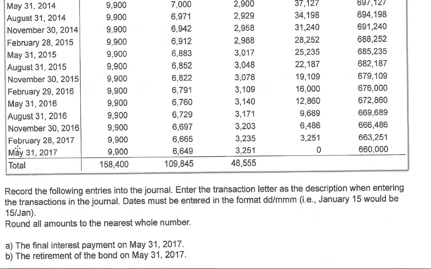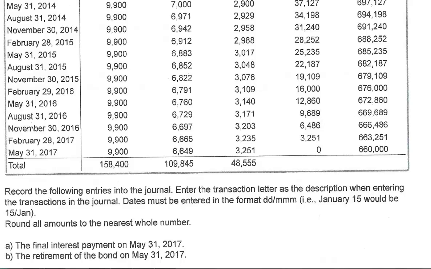So we have to accrue interest for 1 month, the month of March. Why? Because March 31st is the year end that immediately comes after the last interest payment date, which was February 28th.